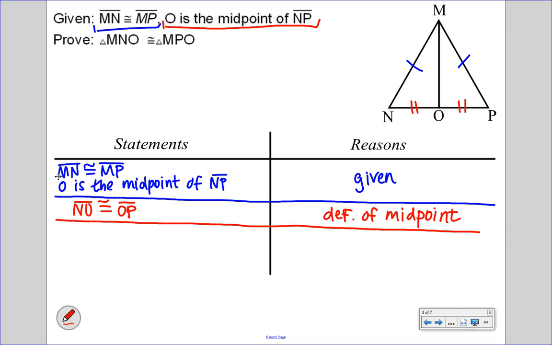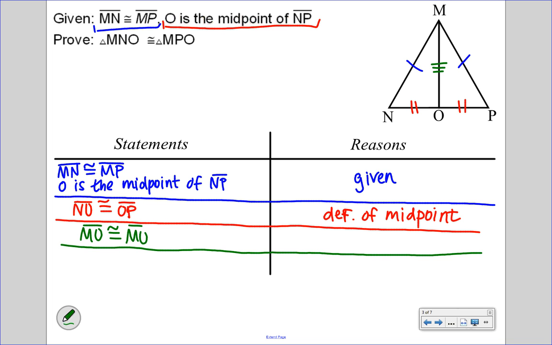We have two congruency statements already, so now we need a third one. And I go back to the picture, and we either can draw on vertical angles or a shared side. This one has a shared side, so we can do 3 marks there, and we can say that MO is congruent to MO. And the reason for that is our reflexive property of congruence.